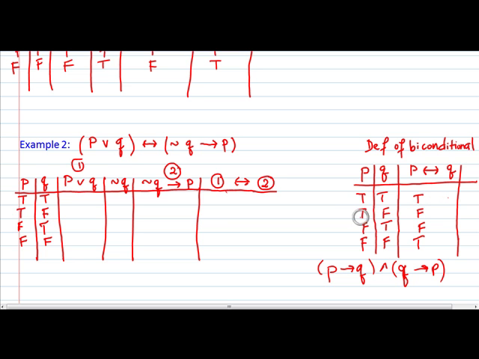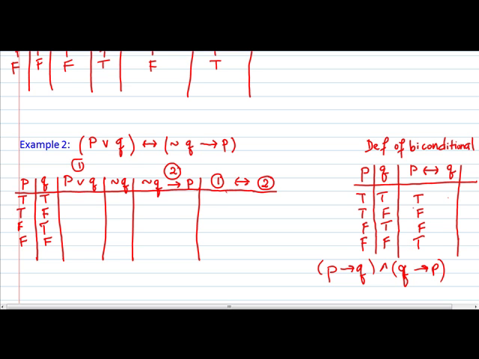If true if and only if false, the whole statement is false. If we have a true statement if and only if a false statement, the whole thing is false. And at the end, if you have false if and only if false, the whole thing is true.